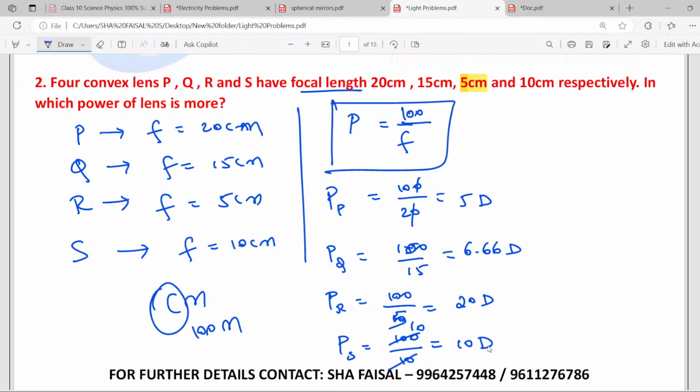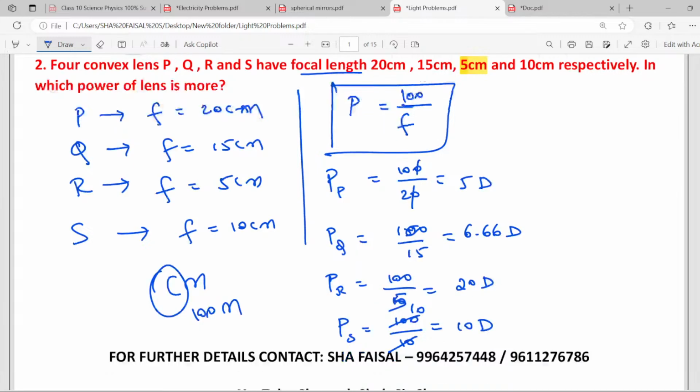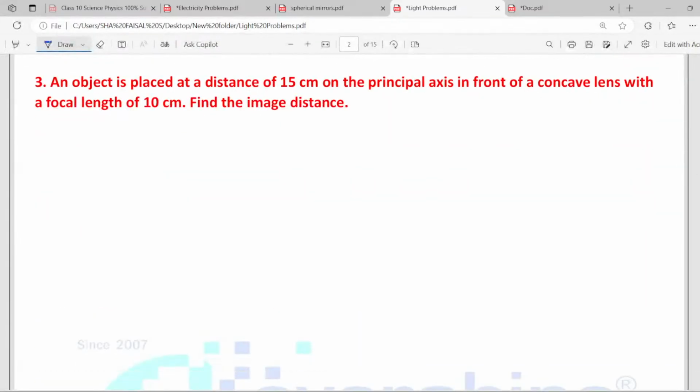Please be careful with this step. Power is not in watt here, it should be in diopter. Clear? Good. And the next problem is on the screen.